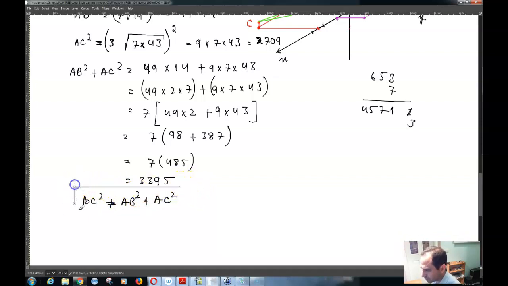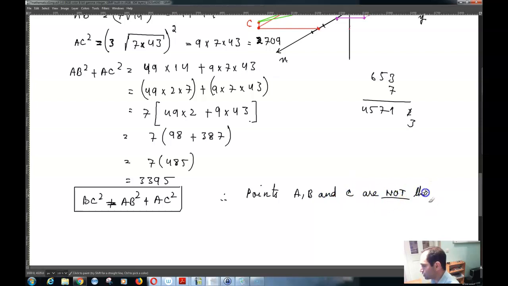And that means that the points A, B, and C are not the vertices of a right triangle.